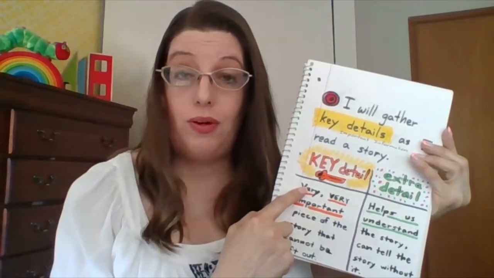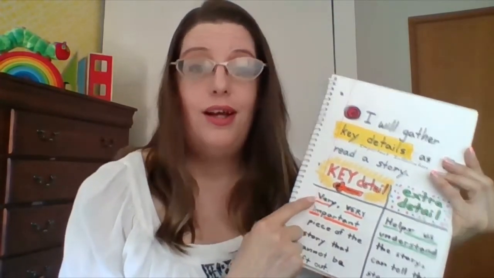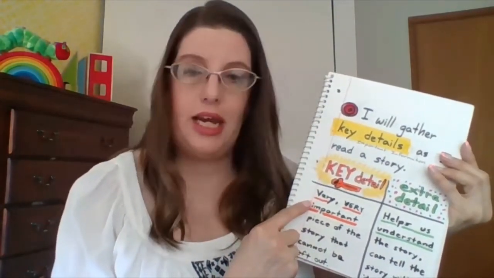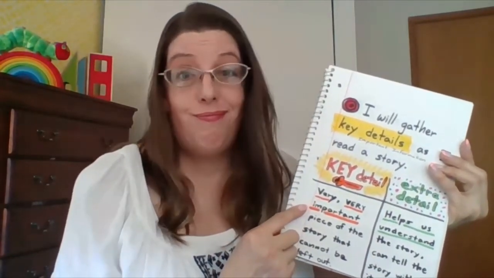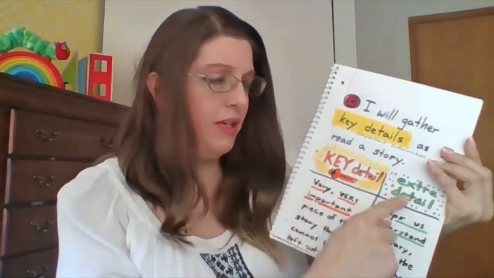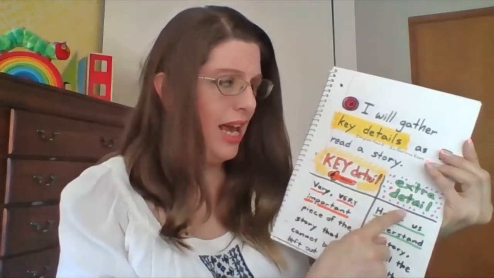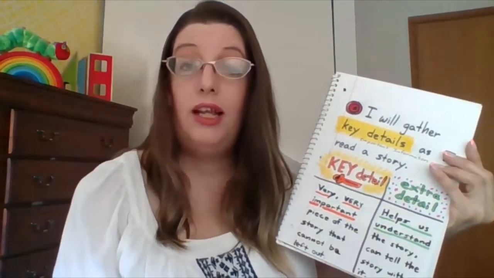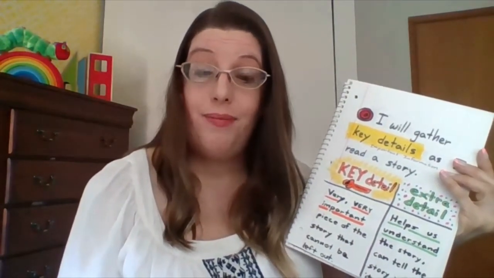Let's remember our learning target. We're looking for key details to add to our graphic organizer. We need to find a key detail in what we just read to explain what Robert is doing about being afraid of not knowing what to do. How will we know the difference between key detail and extra detail? Let's have a look at what we just read and try it out.